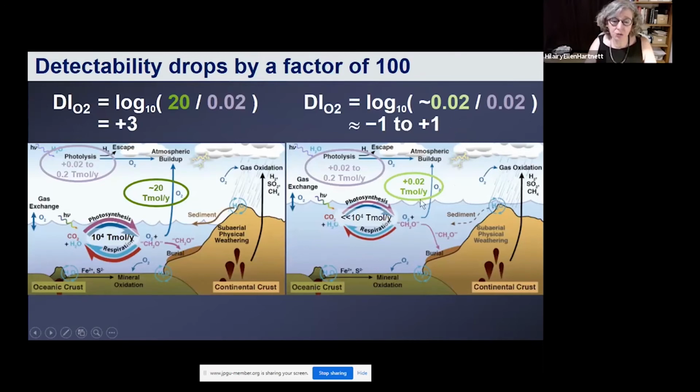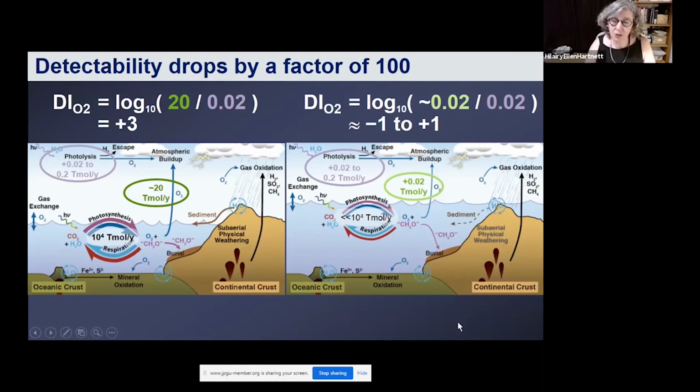The biological production of 0.2 is about the same as the photolysis production of about 0.02. Now, it's very difficult to tell if the biological production is bigger than the abiotic production. Oxygen is not such a good biosignature on this planet because we can't be sure that the oxygen we detect comes from biology.